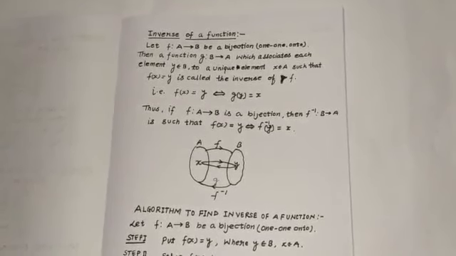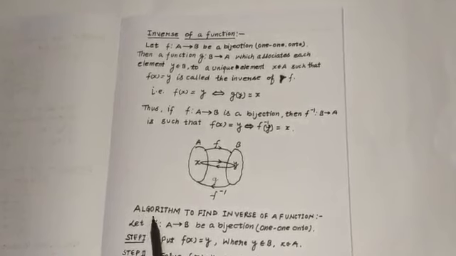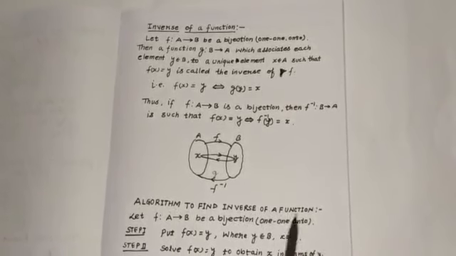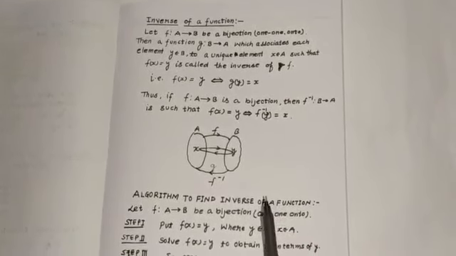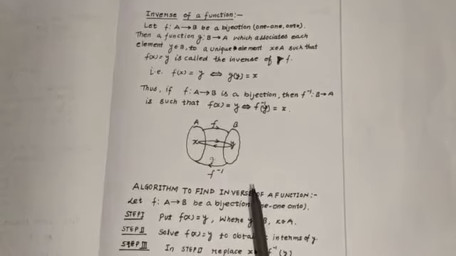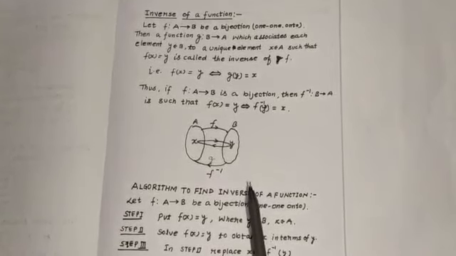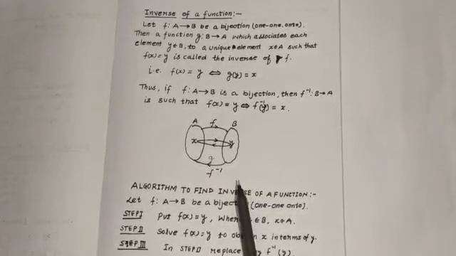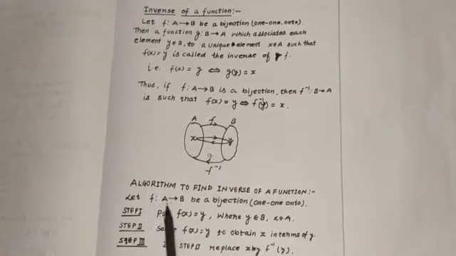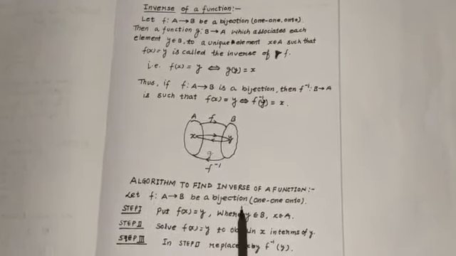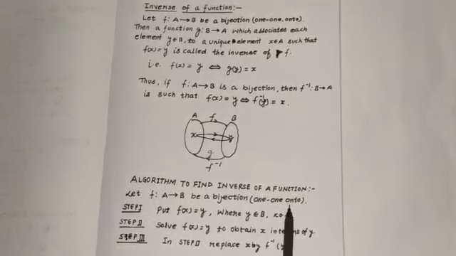And here is the algorithm to find the inverse of a function. How will you find the inverse of a function, and what is the criteria to find the inverse of a function? Let f maps from A to B be a bijective function. Bijection means one-one and onto function.